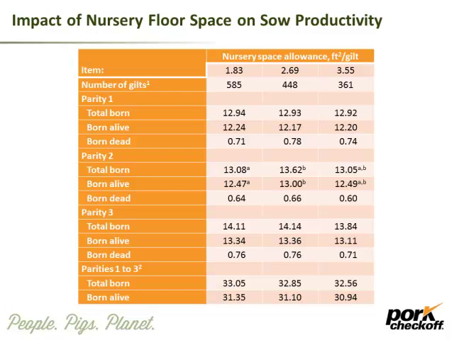The funny thing is that doesn't really translate. While square footage in the nursery translates into slower growth rate, it doesn't really translate into an effect on reproduction. So in this study, again from Estienne, he looked at different floor space requirements for those females. He's got the number of gilts, and then he followed them out through 3 parities.